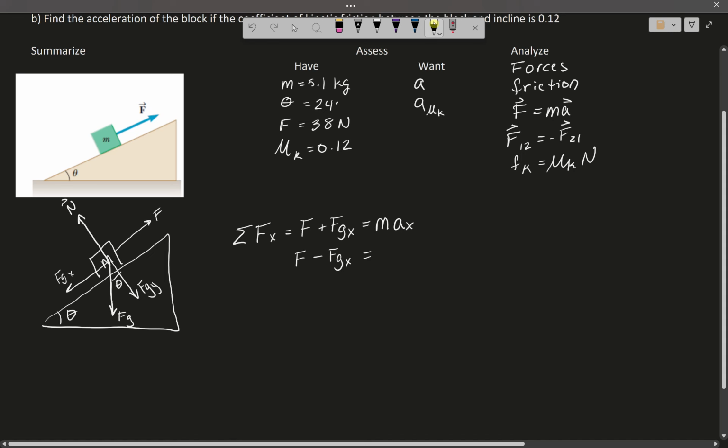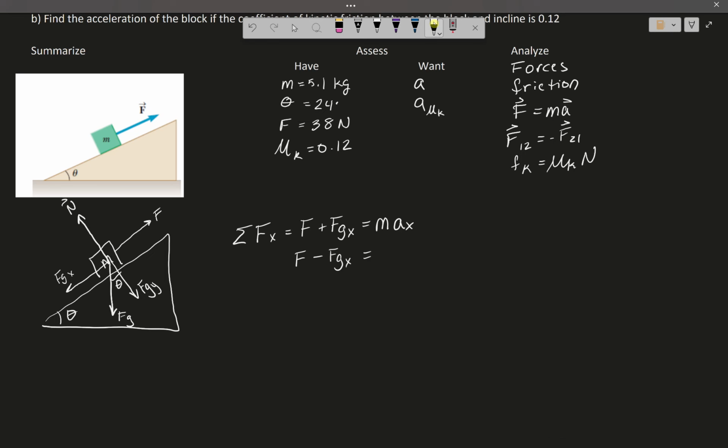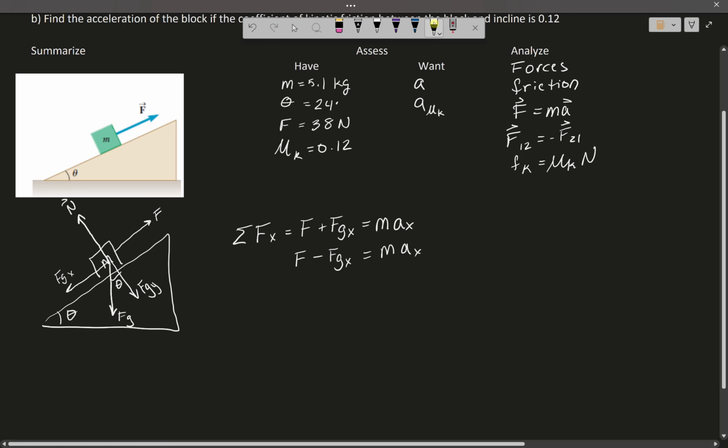I'm not really sure whether this block is going to be moving up the incline or down the incline. It will depend on how large my force of gravity is. I assume it's going to be moving up the incline, but I need to make a note here to check my direction later.